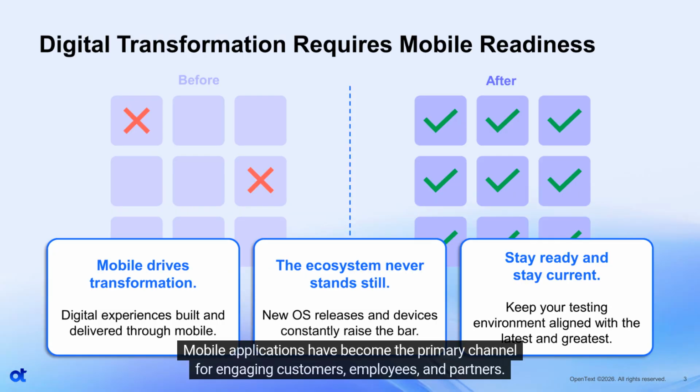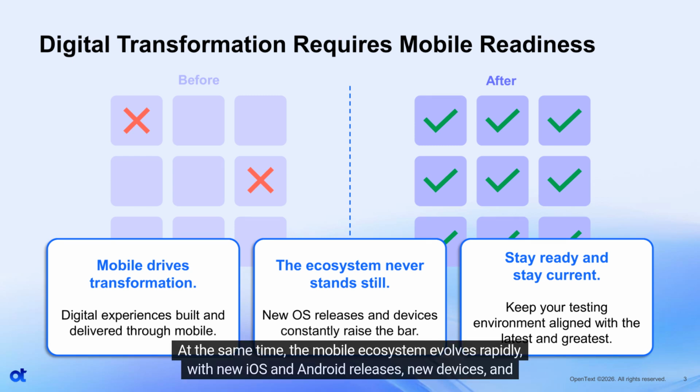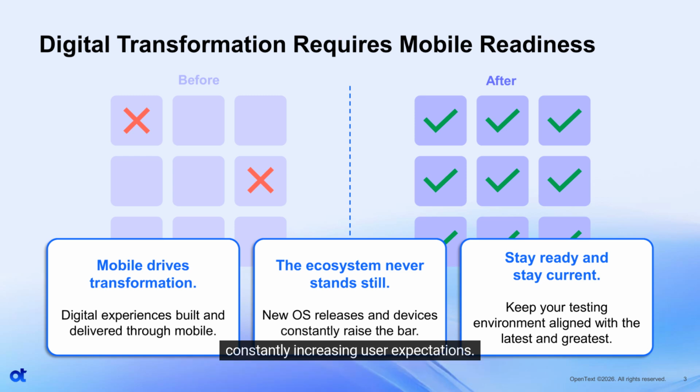Mobile applications have become the primary channel for engaging customers, employees, and partners. Across industries, successful digital transformation depends on delivering reliable and seamless mobile experiences. At the same time, the mobile ecosystem evolves rapidly, with new iOS and Android releases, new devices, and constantly increasing user expectations.